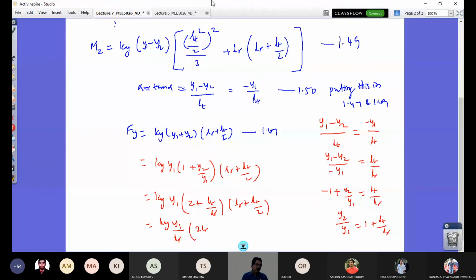So if I take LR out, inside it's going to be 2LR plus LT, and here it is 2LR plus LT by 2, right?